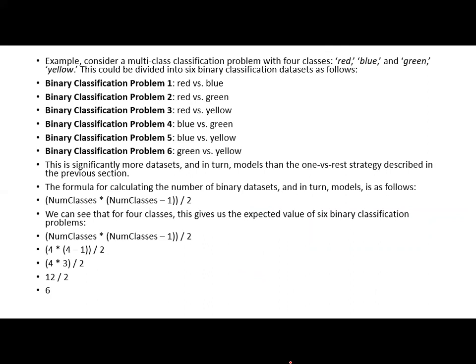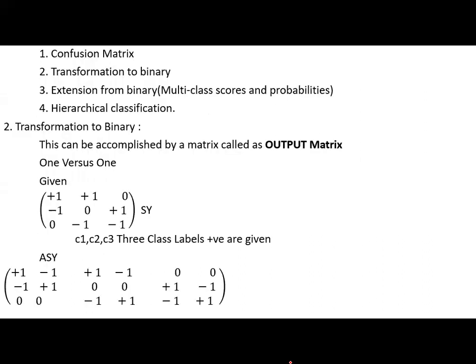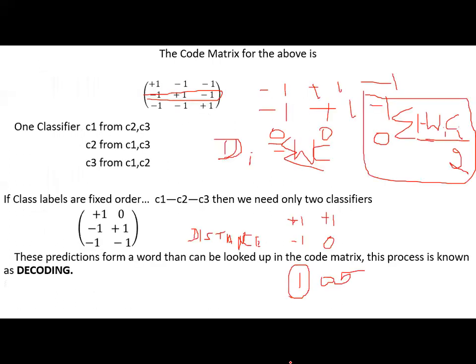By using these, we can easily convert a multi-class classifier into n instances of binary classifiers. Now we can transform these into what is called a code matrix or output matrix.